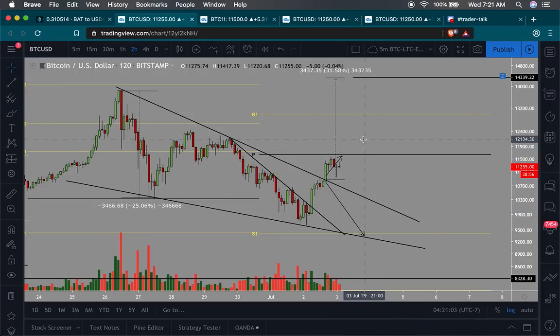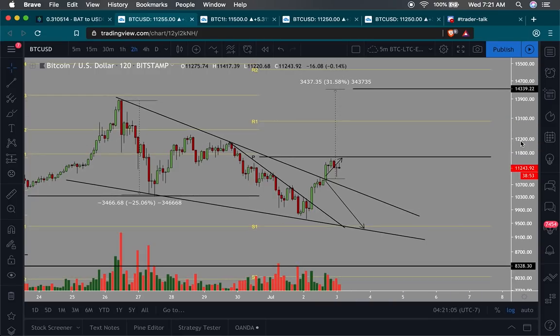Okay, so when you find falling wedges like this, the best way to look at a breakout or a chance to enter is the breakout outside the falling wedge like this.